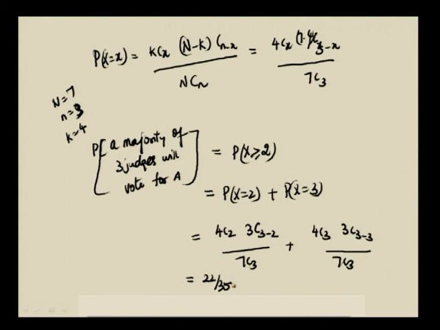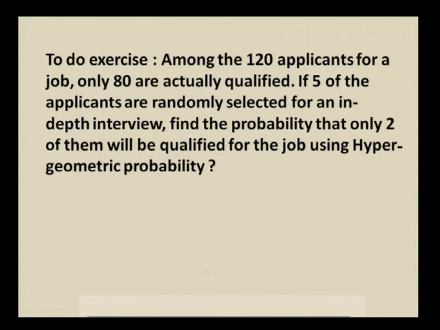Based on the discussions about the hypergeometric distribution, this exercise can be done on your own. Among the 120 applicants, so capital N is 120. Whenever you see a number, immediately fix its value and representation. Among the 120 applicants for a job, 80 are actually qualified. If 5 of the applicants are randomly selected for an in-depth interview, find the probability that only 2 of them will be qualified for the job using hypergeometric probability.